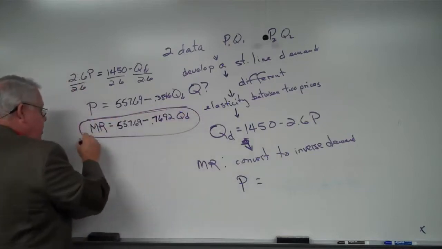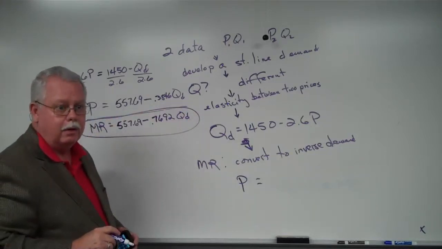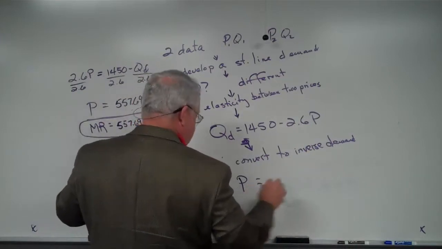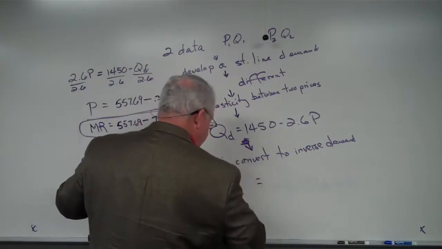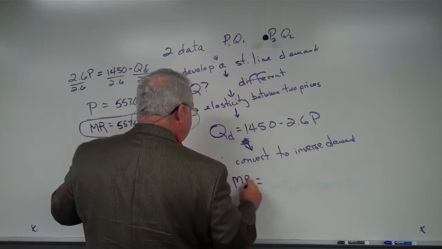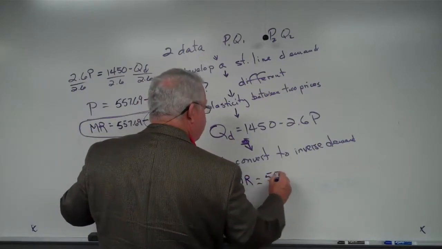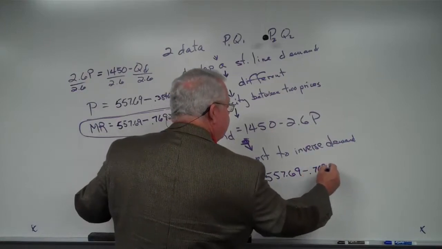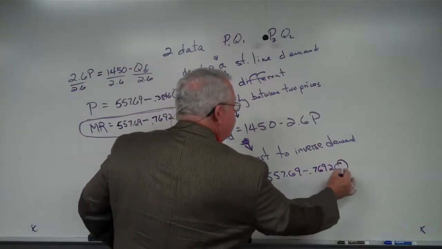That's big deal important. Marginal revenue is, just write it down here, 557.69 minus 0.7692 QD.